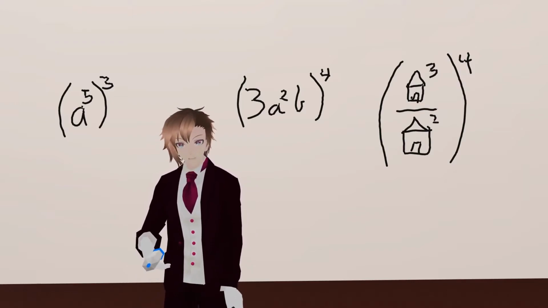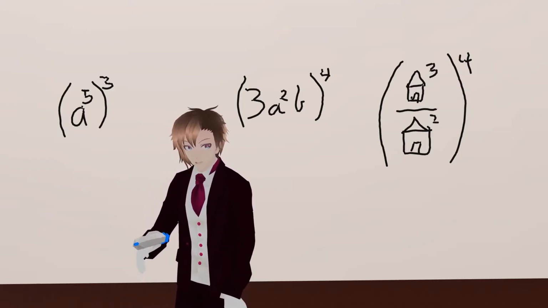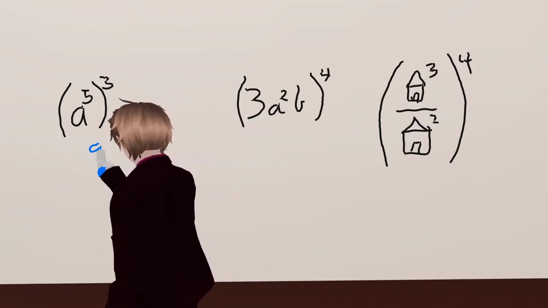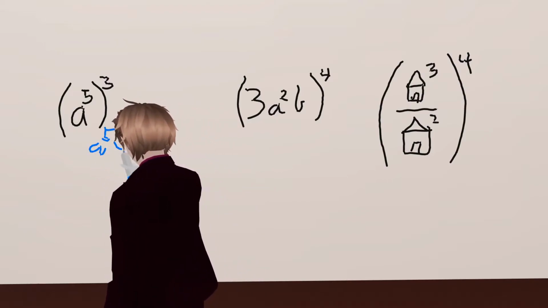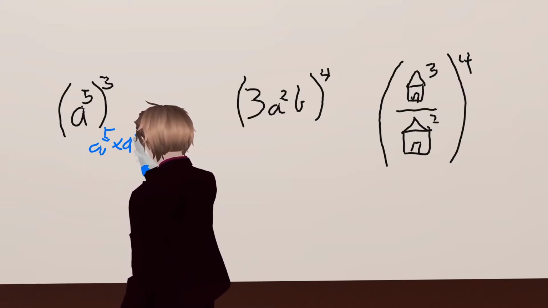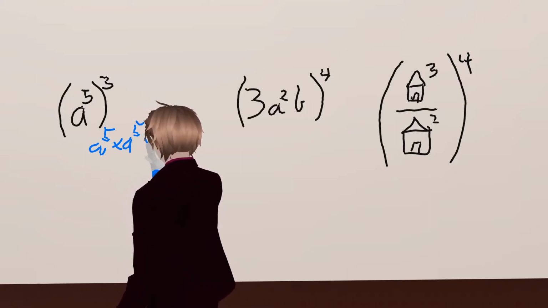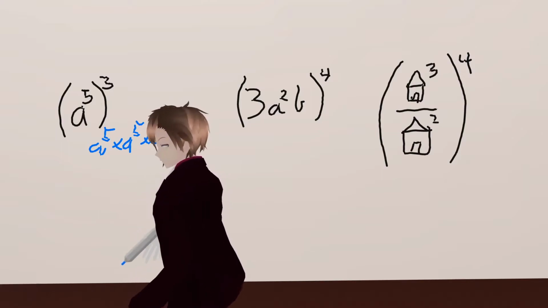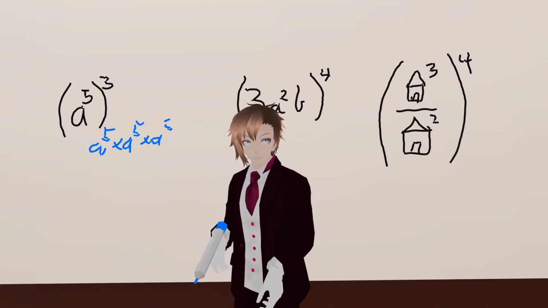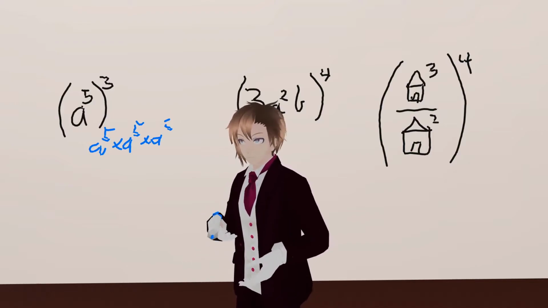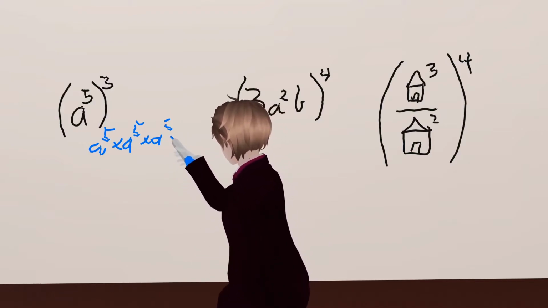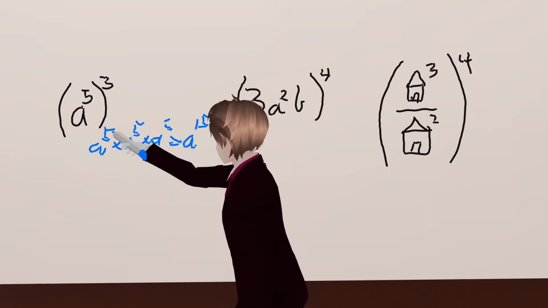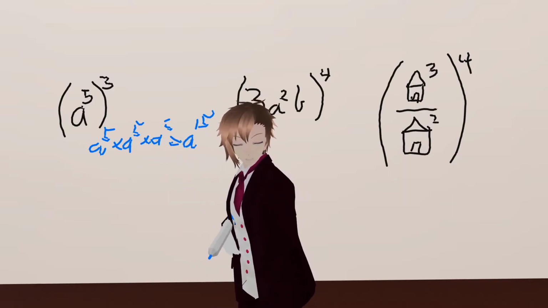So what this is meaning, we have 3 lots of a to the power of 5. We have a to the power of 5, a to the power of 5, and a to the power of 5. So to add this up, we would then end up with a to the power of 15, because 5 plus 5 plus 5 is 15.